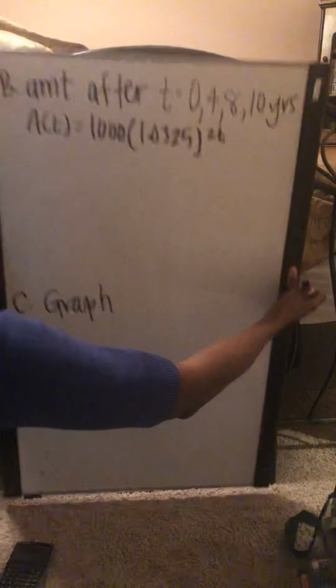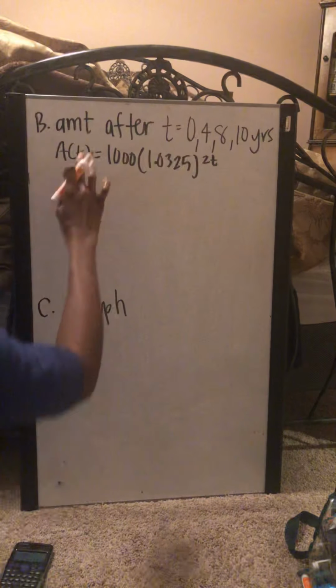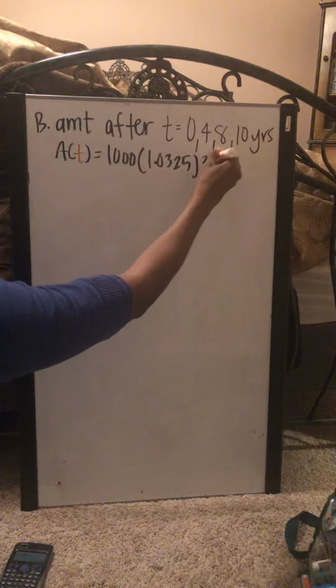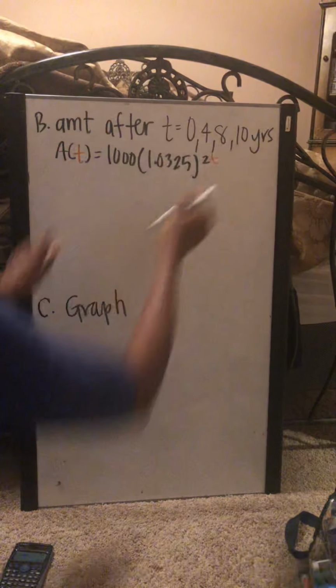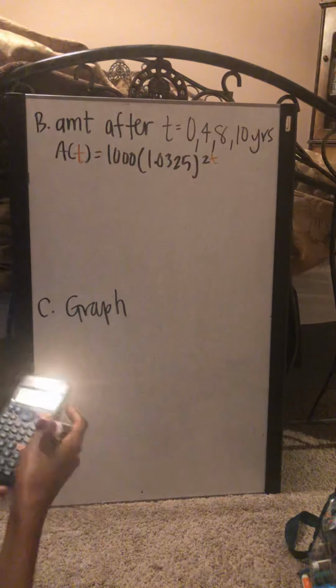Okay, so for part B, we are asked to find the amount after certain t's. We want to know the amount after t is 0, 4, 8, and 10. So to be able to do that, all we have to do is plug in those values for our t. So this is pretty straightforward. So you can actually use your calculator, right?